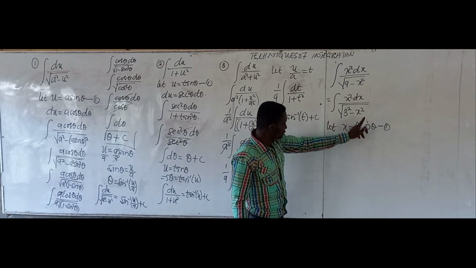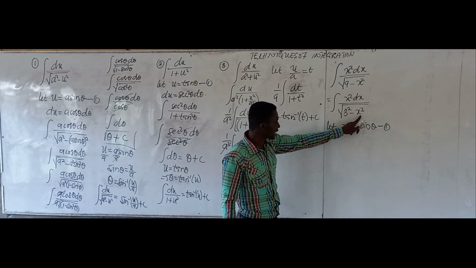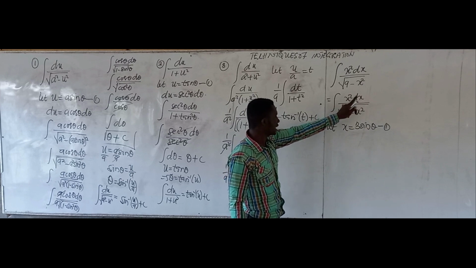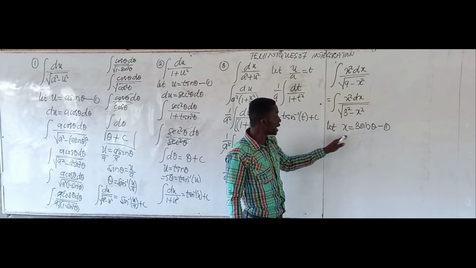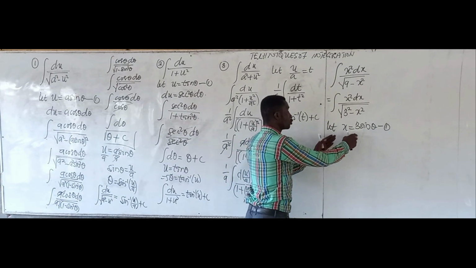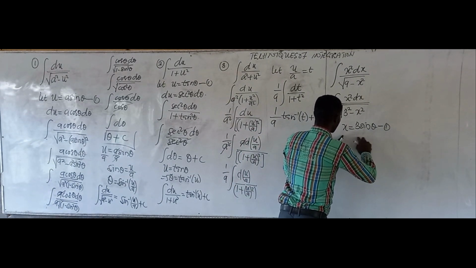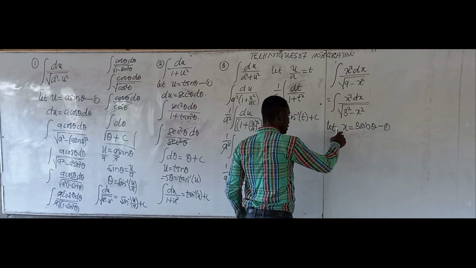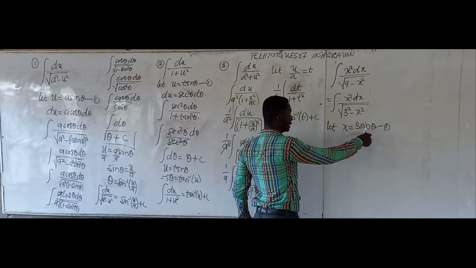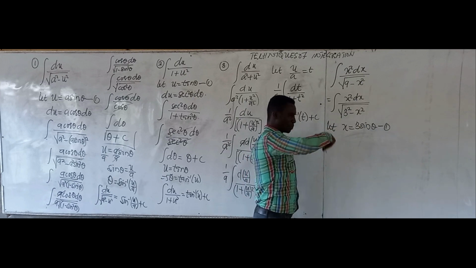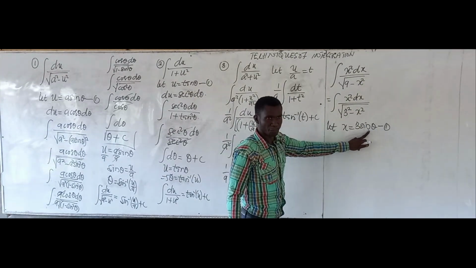Here we have sine theta squared, so the dx needs to be changed. To do that, we differentiate x equals 3 sine theta so that dx is expressed in terms of theta.